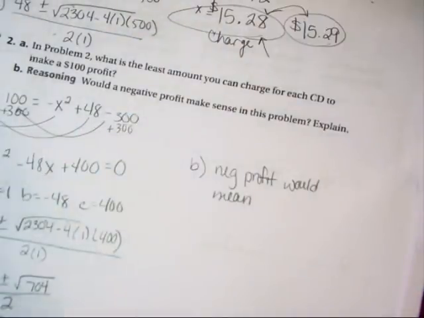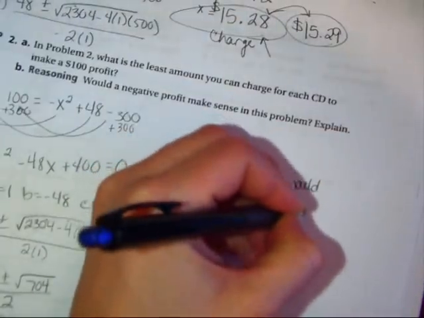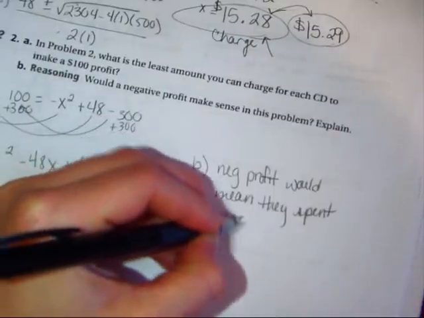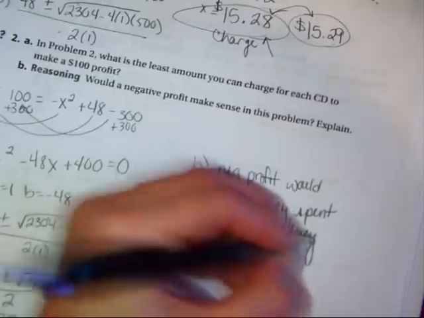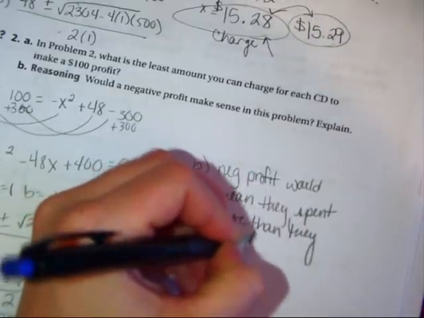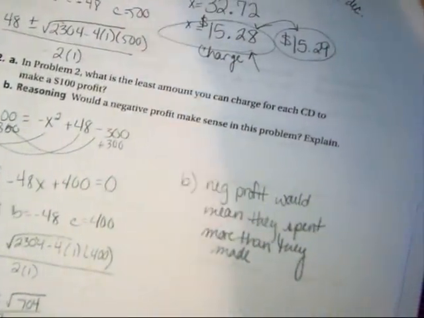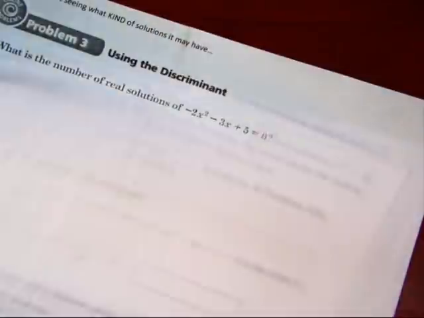They spent more than what they made, pretty much. A negative profit would mean that they spent more than they made. Okay, let's get problem 3 done, and then we'll have one more video for problem 4.